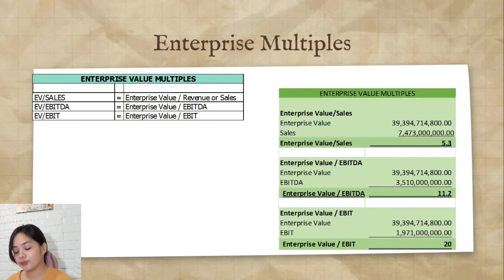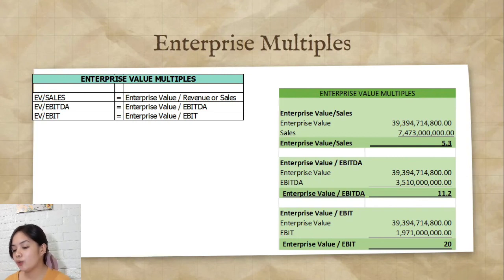Next we have our enterprise value over EBITDA. We have our enterprise value of 39,394,714,800 pesos divided by our EBITDA, which amounts to 3,510 million. This will give us an 11.2 enterprise value to EBITDA.